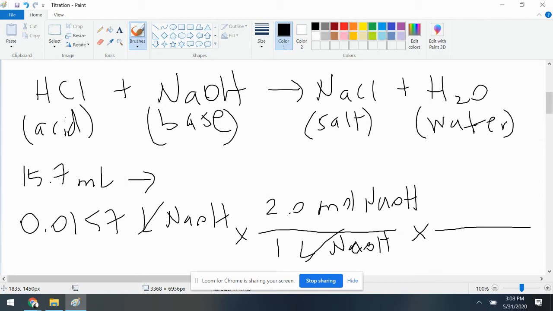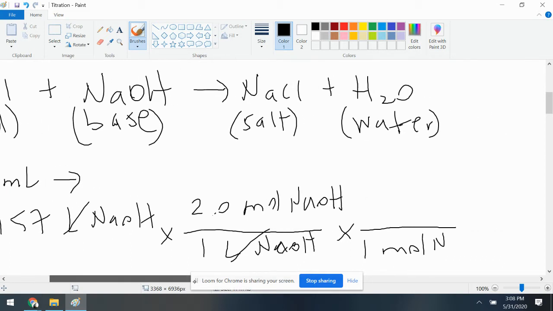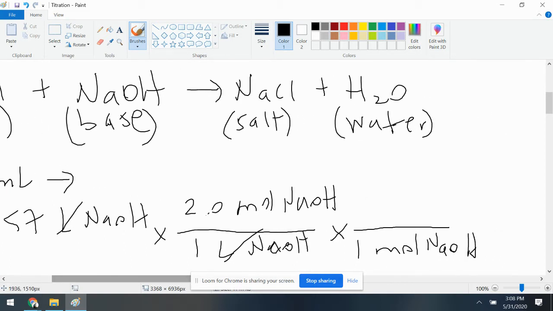It is. 1 sodium on each side, 1 chlorine on each side, 2 hydrogens on each side and 1 oxygen. So for every 1 mole of sodium hydroxide that I put in, 1 mole of HCl is required. There you go.